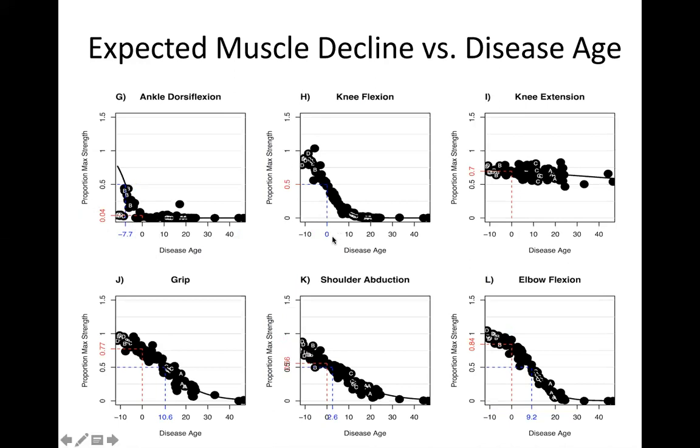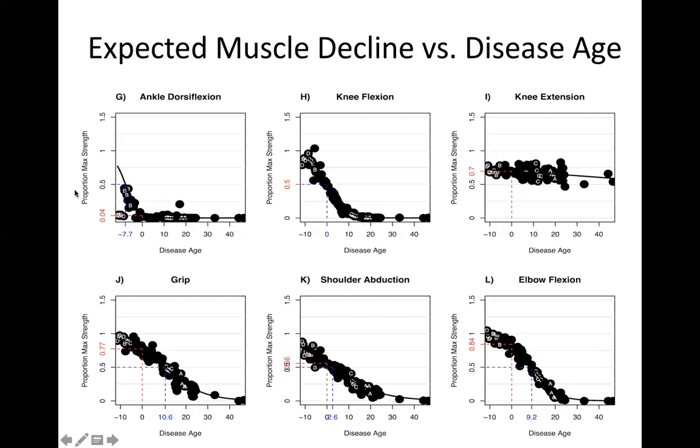We anchor this model so that disease age 0 is defined as when knee flexion is 50% of your expected max strength. So then we can say how many years earlier or later each of the muscle groups reaches that 50%. So here for ankle dorsiflexion, we think that about 7 years before knee flexion reaches 50%, ankle will reach its 50th percentile.